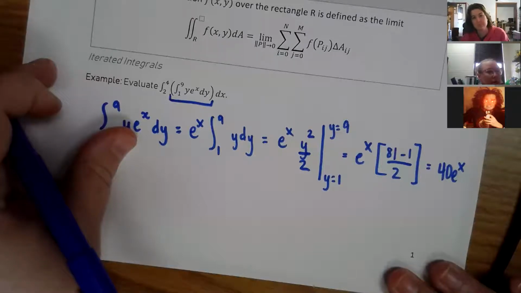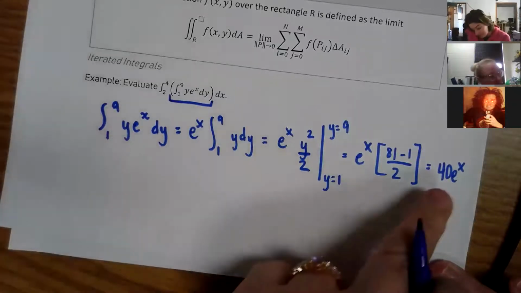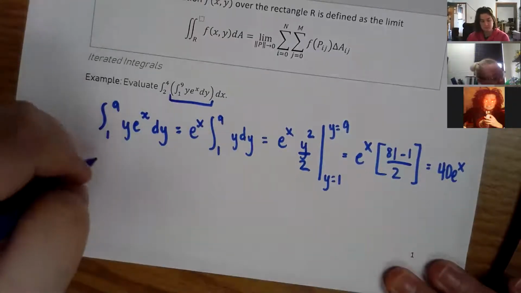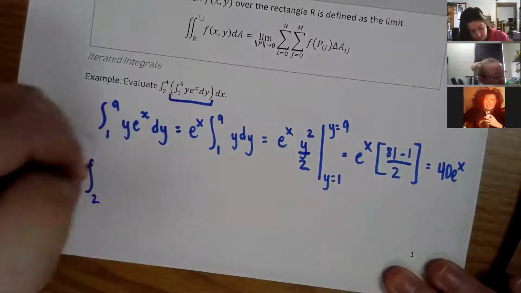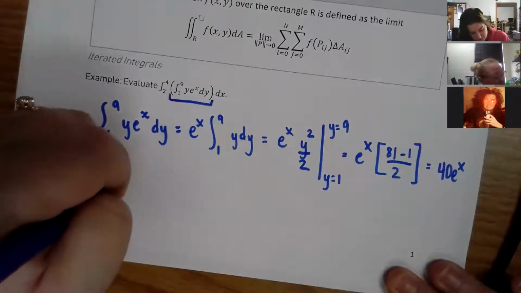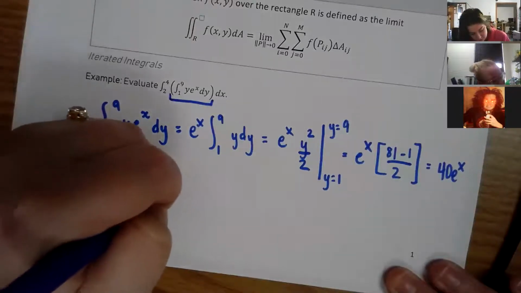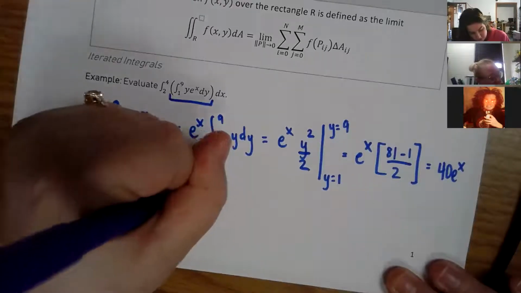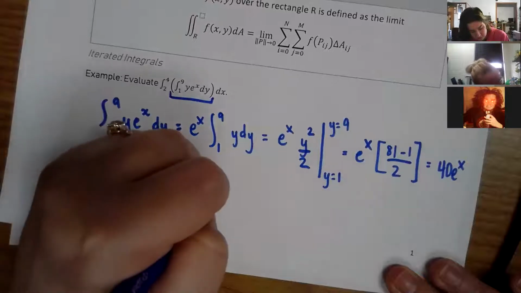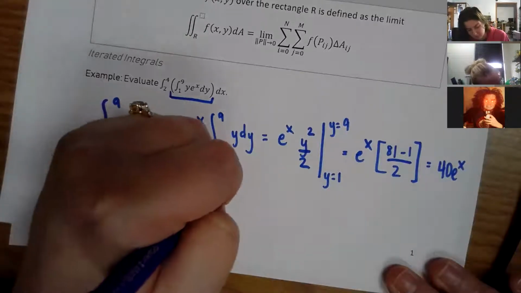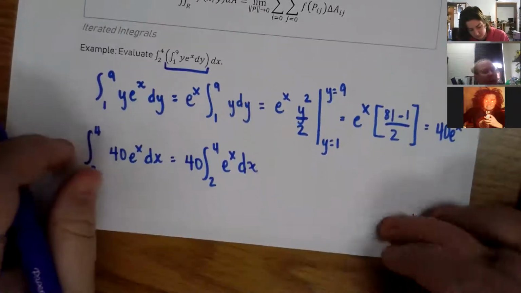Looks good? All right, so now I'm going to put this into the middle of where this place was. So this is going to be the integral from 2 to 4 of 40 e to the x dx. Can't you pull the 40 out? You could. What is the antiderivative of e to the x?